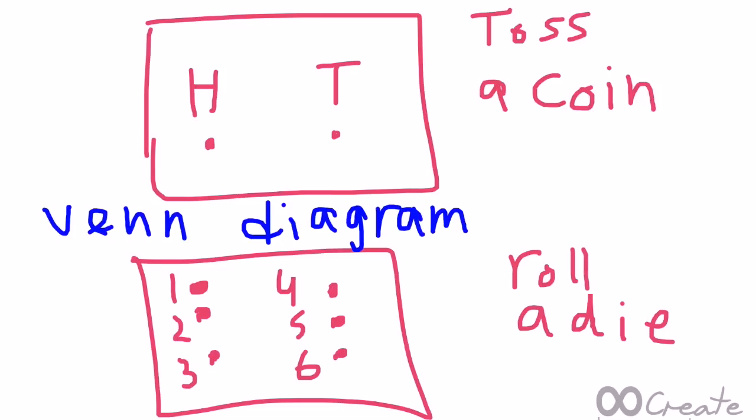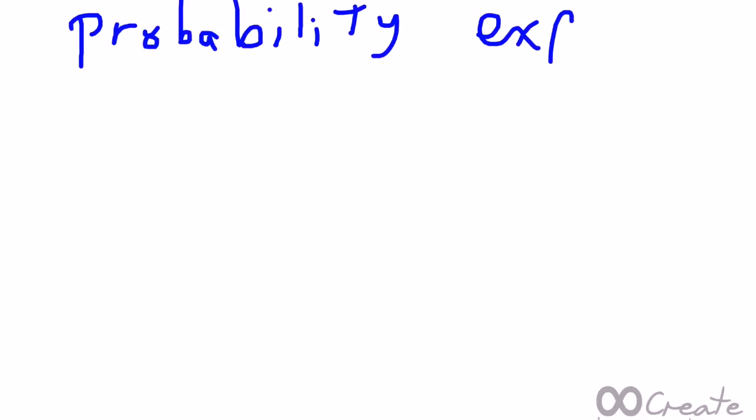Now in this video, what did we learn? We learned what a probability experiment is, and we learned what an outcome is.